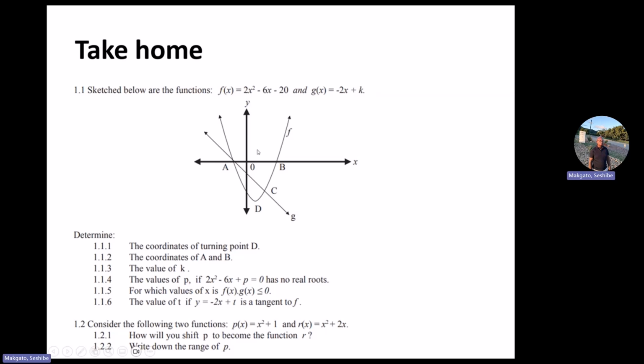This is that one. And of course, for the y-intercept, you let x be 0. So the coordinates of A and B that we have, these are the factors that we solved.